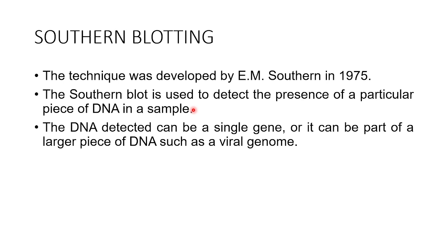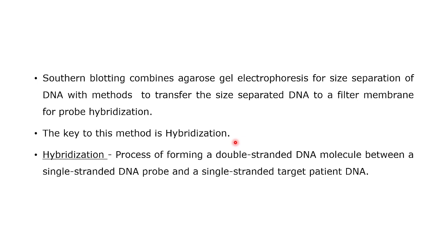Like I said, the southern blot is used to detect the presence of a particular piece of DNA in a sample. The DNA detected can be a single gene or it can be a part of a larger piece of DNA, such as a viral genome. It combines agarose gel electrophoresis for size separation of DNA with methods to transfer the size separated DNA to a filter membrane for probe hybridization.